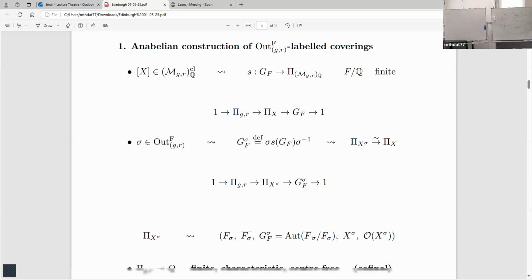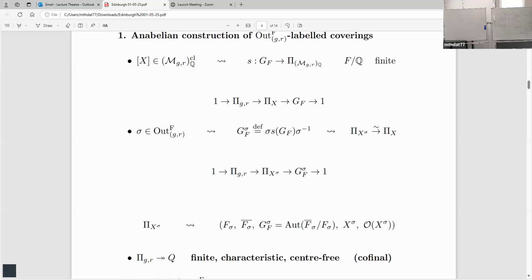But starting from this group extension, you can reconstruct in a purely group-theoretic way various arithmetic and geometric objects. What we are trying to do here is justify the arithmeticity or the geometricity of this G_F^σ.